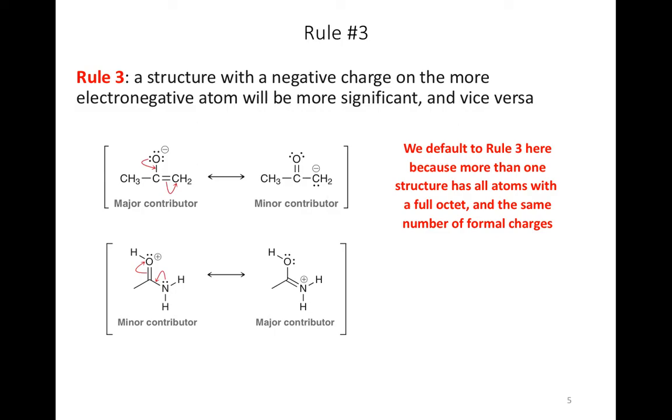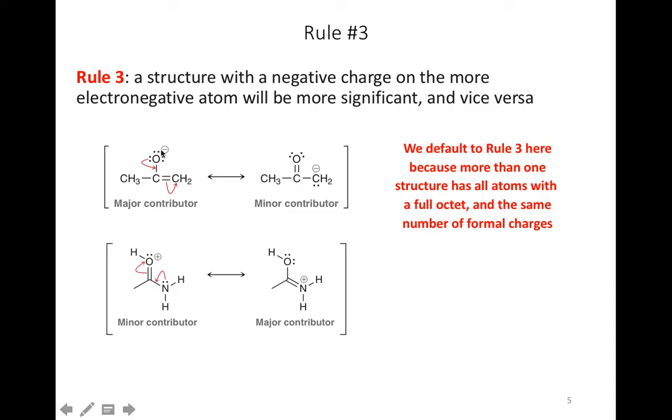All right, and then if everything is equal through rules 1 and 2, then we would go to rule 3, and this is where we would prefer the negative charge to be on the more electronegative atom. So if I compare these two resonance structures, all the atoms have a complete octet in both. So by rule 1, I can't distinguish them.